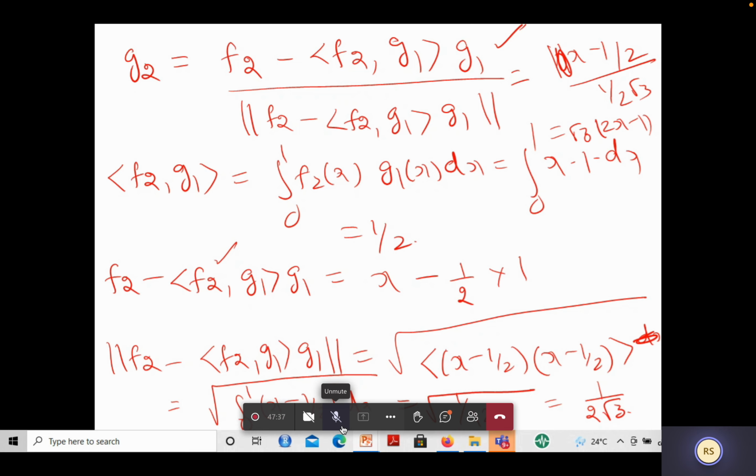After completing QR factorization tomorrow, we can have the tutorial on Friday. Then on Monday I'll start least square approximation, and then I'll go to the 7th module.